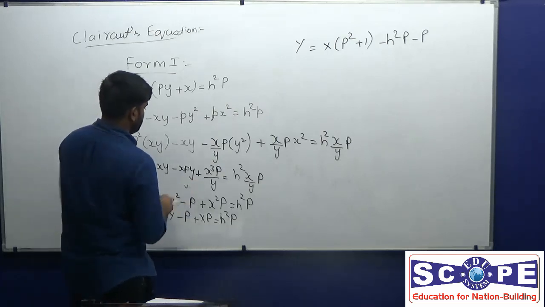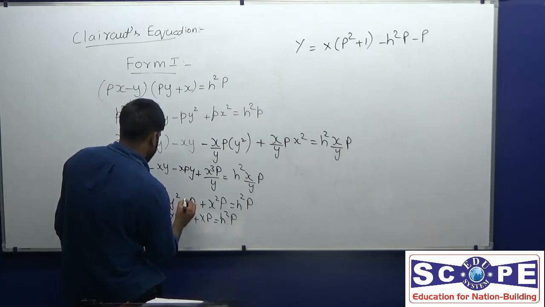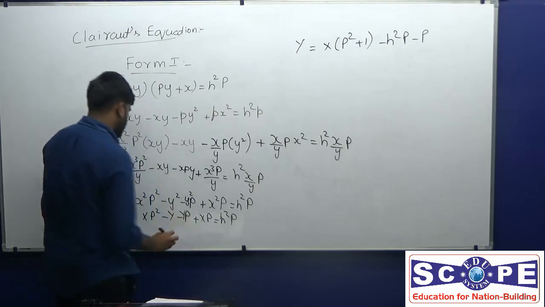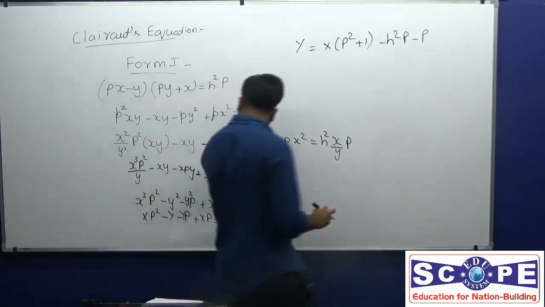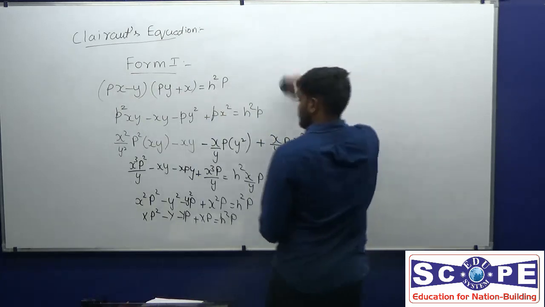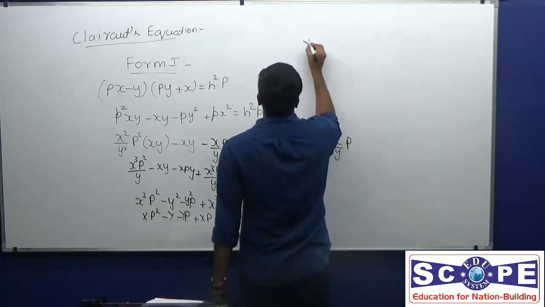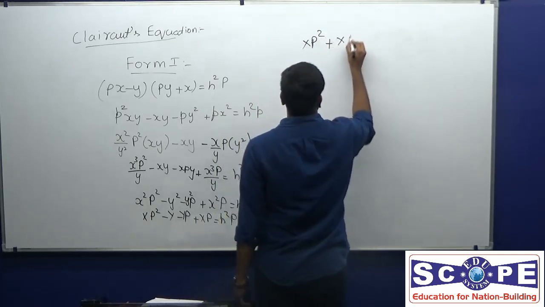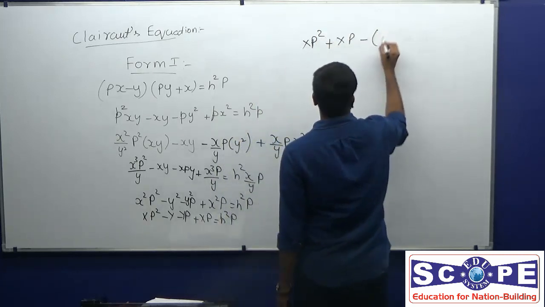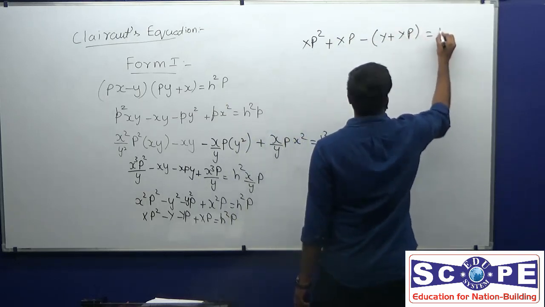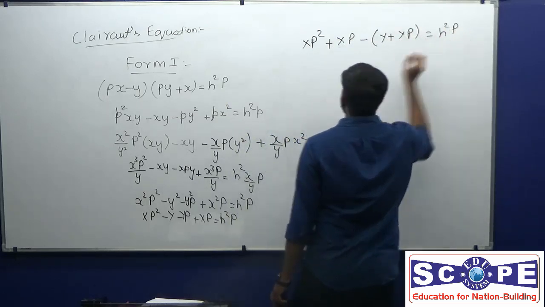So this term I think we will get as y square p. So ultimately this would be yp, right? xp square plus xp minus of y plus yp equal to h square p.